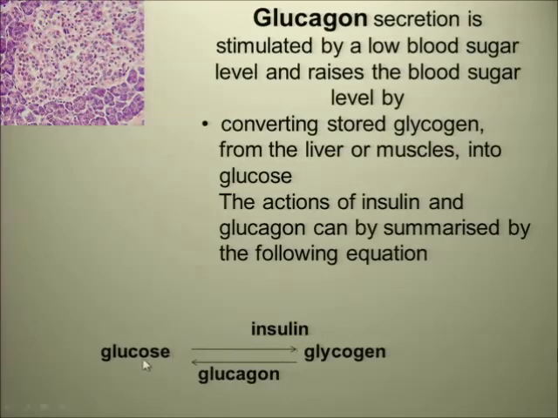So make certain: glucose is an energy source, a reduced sugar. Glycogen is the form in which glucose is stored in the liver. And glucagon is the one that takes this glycogen and transfers it to glucose.